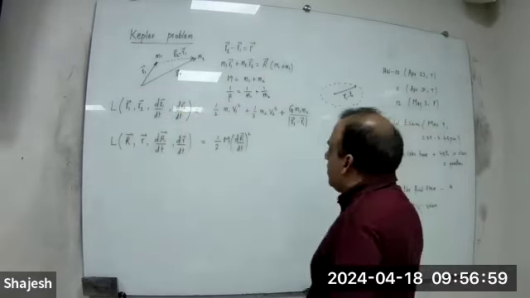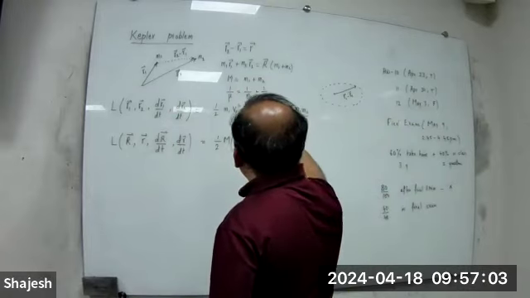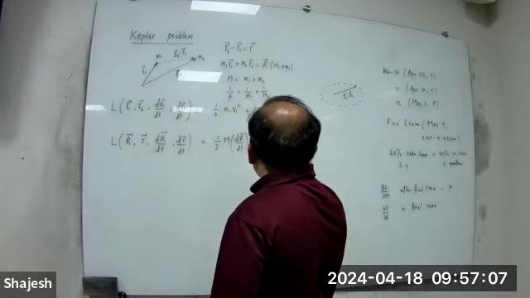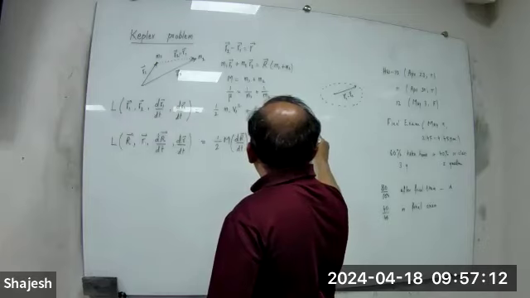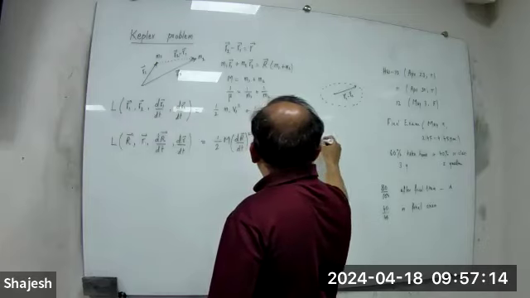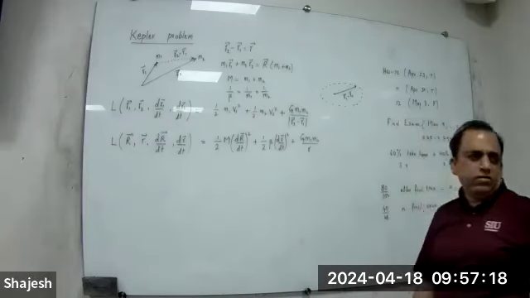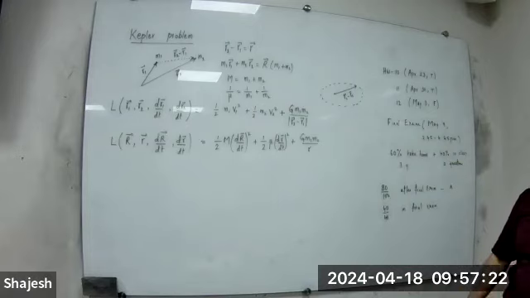That was a definition, and we showed last time that this is the same as half mu dr by dt squared plus G M1 M2 over the magnitude. So when I don't write this vector, that's the magnitude of this relative distance.